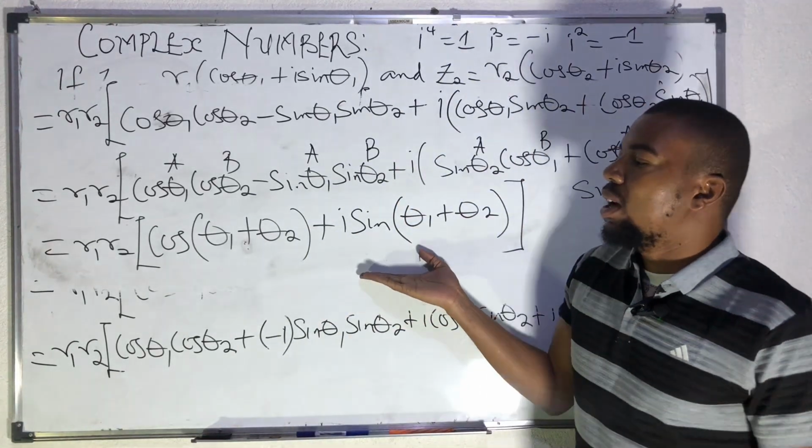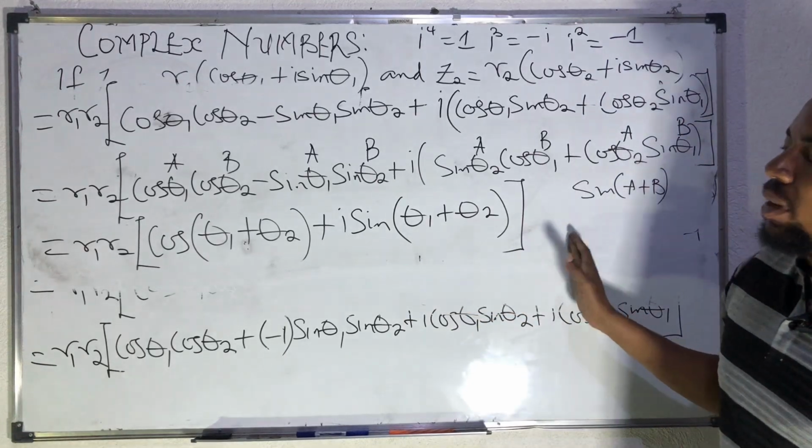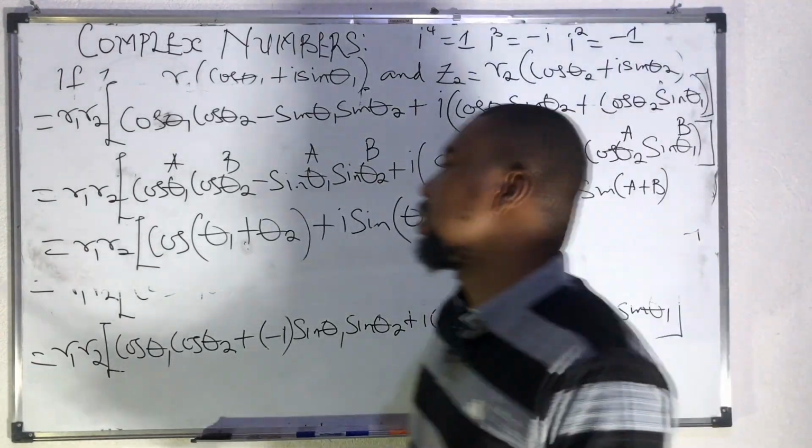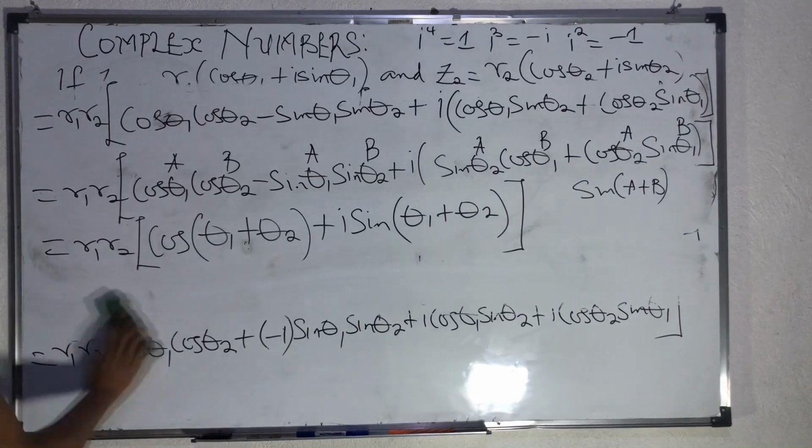So this is the formula for multiplying two complex numbers in their polar form. I'm going to write it this way.